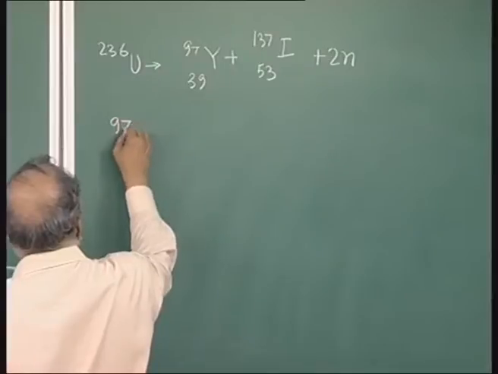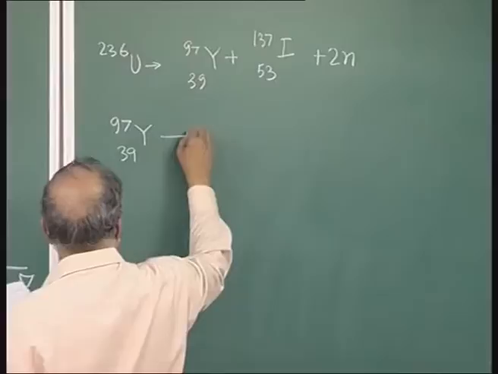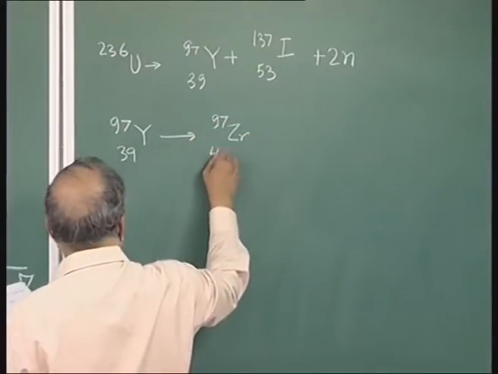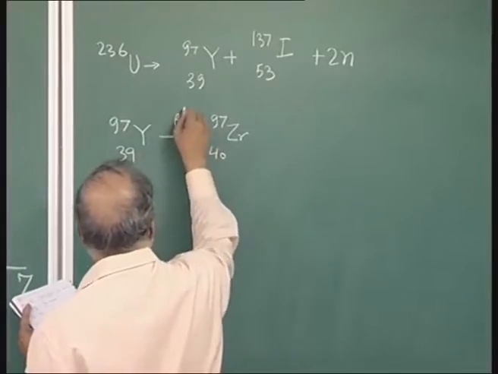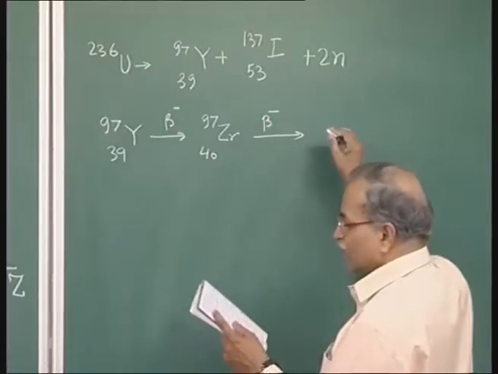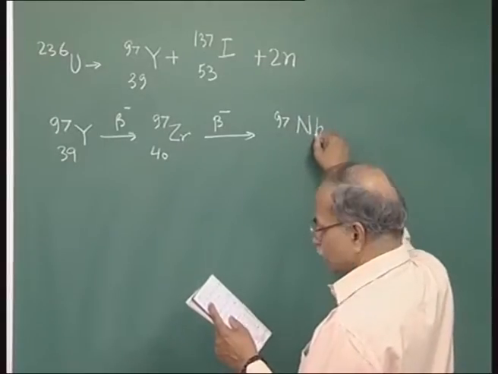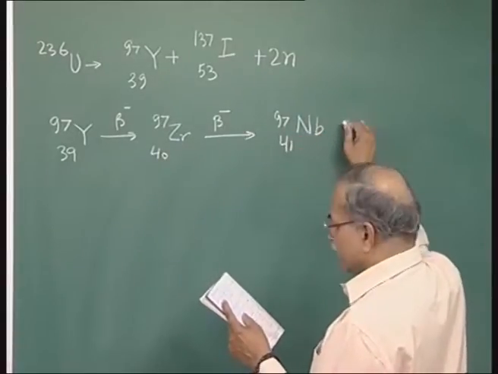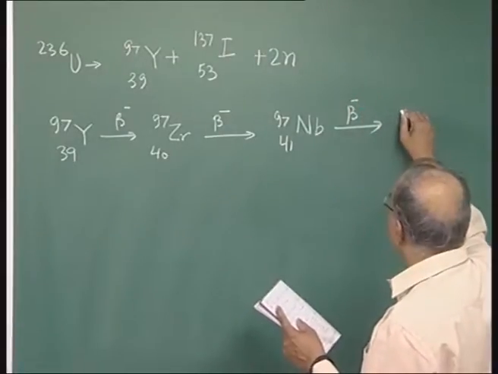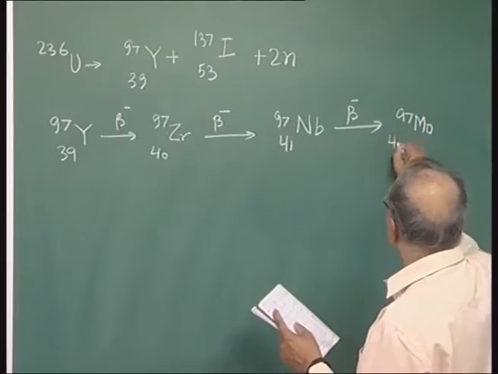Then this 97 Y 39 decays to 97 Zr 40, zirconium, this is beta minus decay, and then this beta minus decays to 97 Nb, niobium 41, and that beta decays to 97 molybdenum, and that is stable.